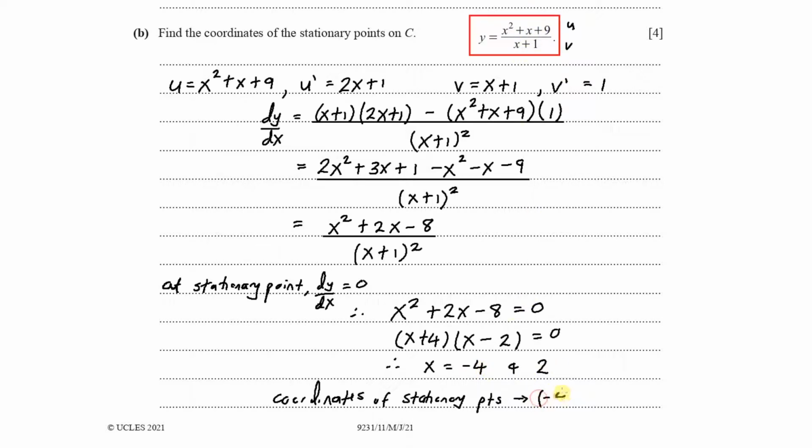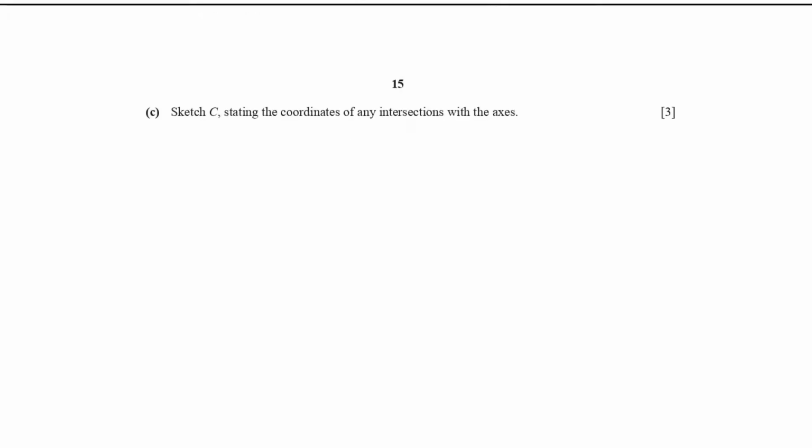So that's (-4, -7). And if x = 2, substituting into the equation here of y, we get the value of y to be 5. So that's (2, 5). So these two are the coordinates of the stationary points. Let's move on to part C.